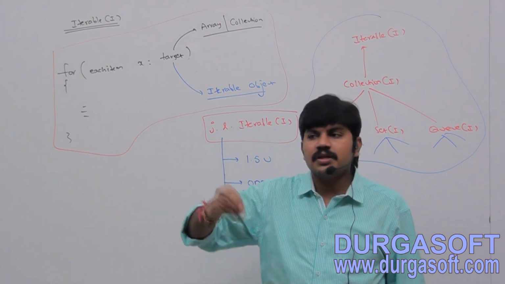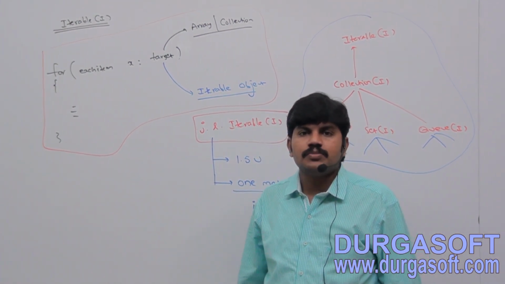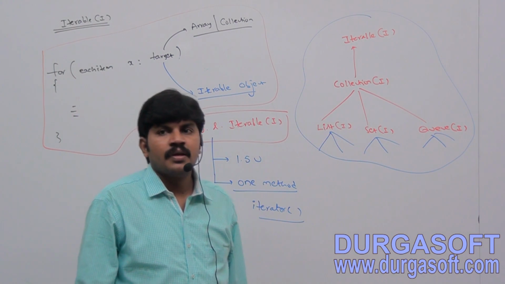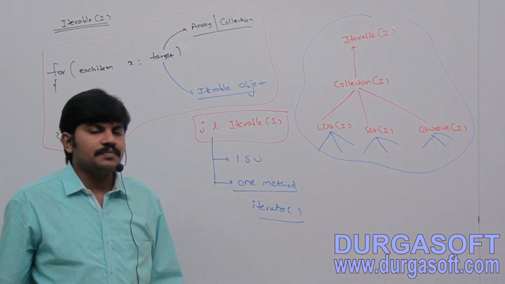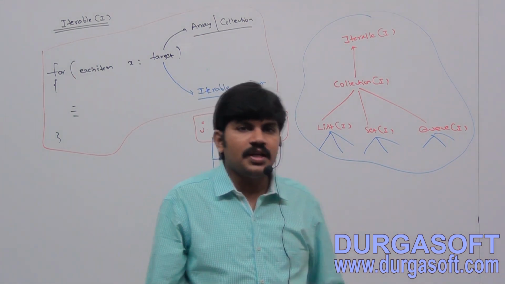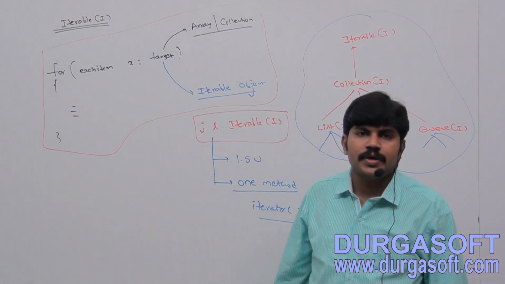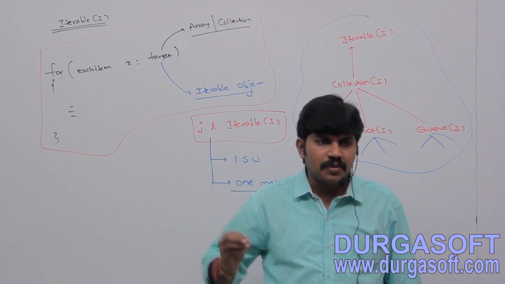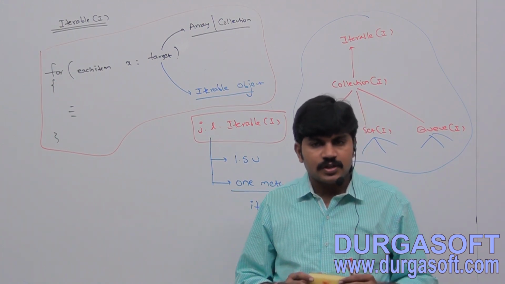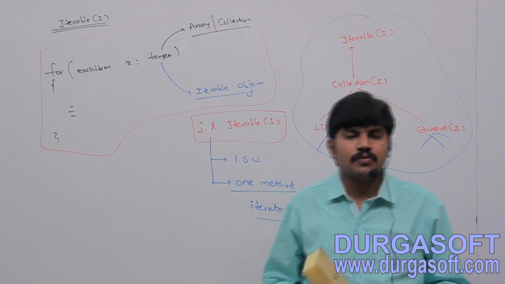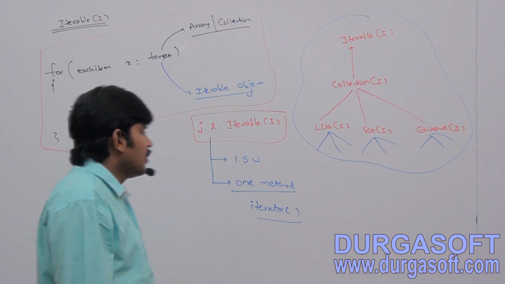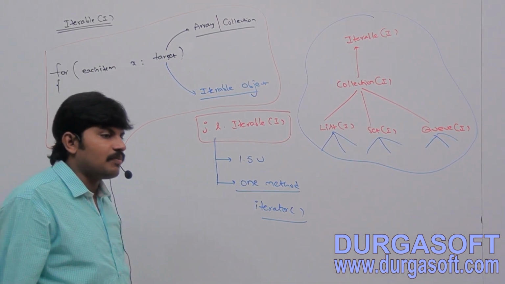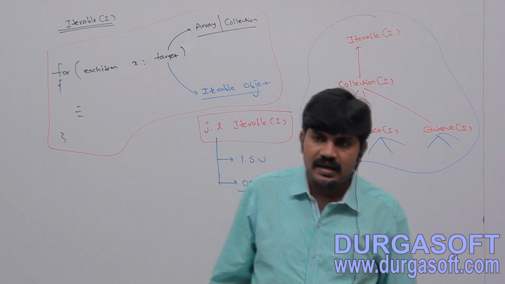Next, an object is said to be iterable if and only if the corresponding class implements the java.lang.Iterable interface.